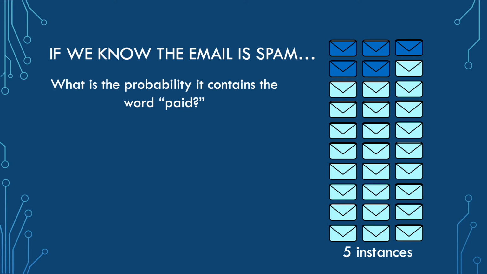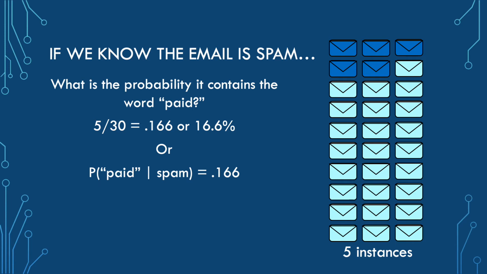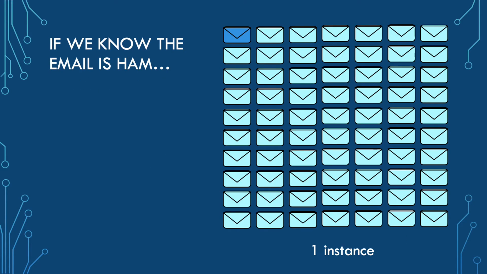So what is the probability that a known spam email contains the word paid? Well, we just take the number of spam emails that contain the word paid divided by the spam emails we sampled, which is 5 divided by 30, or 16.6%. In terms of probability, we can express this as the probability that an email contains the word paid, given that we know that it is spam, is 0.166.